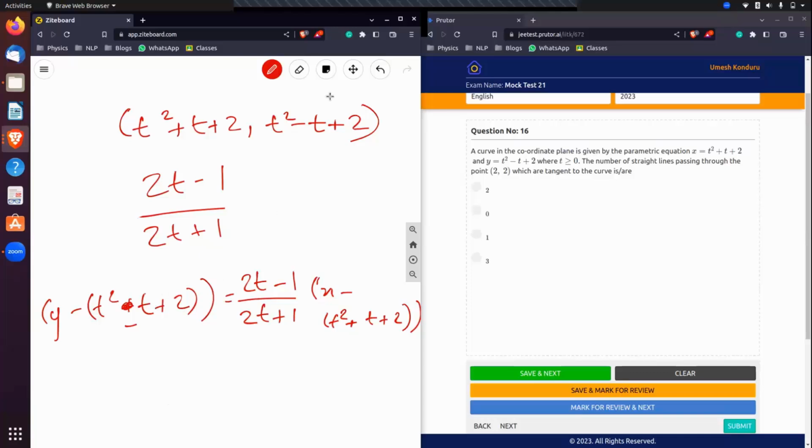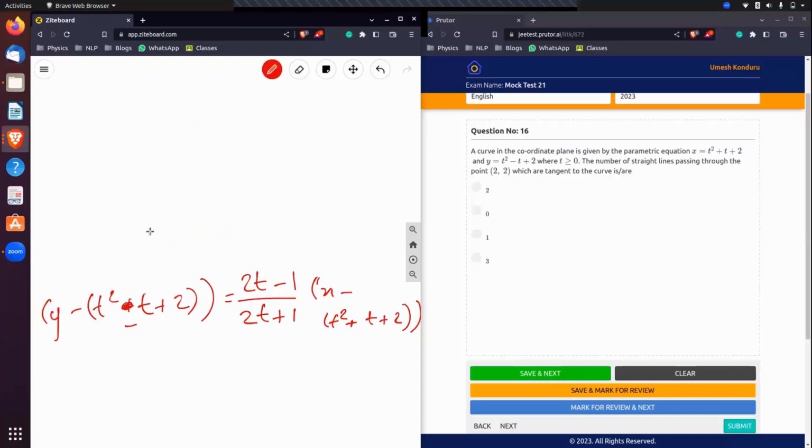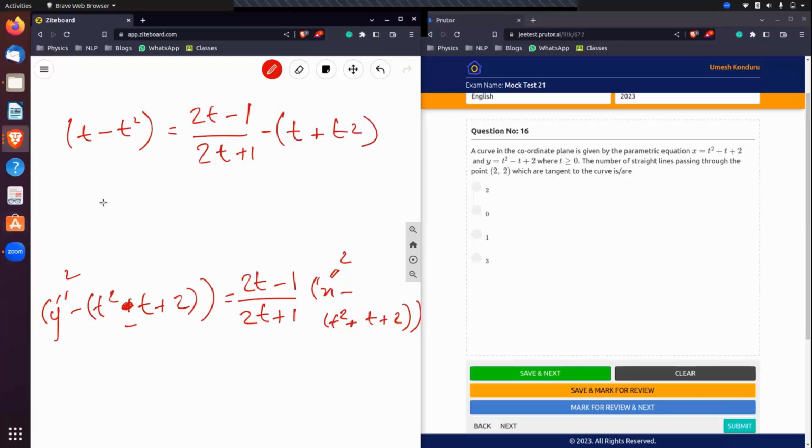So let's just sub that into the line. If it passes through 2, 2, then just set this equal to 2 and set this equal to 2. So the 2 gets cancelled out. And then I guess you'll have to solve for t and figure out the number of values of t you get, which is basically the number of tangents possible.